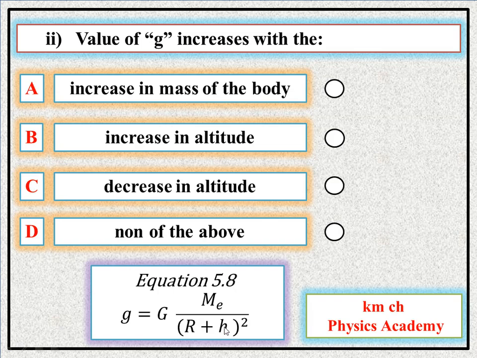So with the increase of h, g will decrease, and with the decrease of h, g will increase. So value of g increases with the decrease in altitude. So our option C is correct. So we will fill the circle in front of C with black ink.